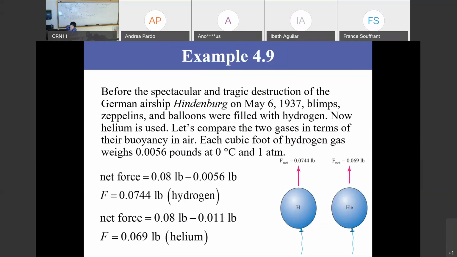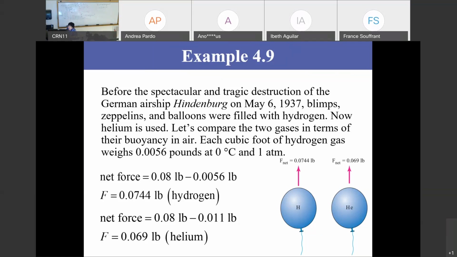Actually, look, that's a nice problem because that is with two balloons. So you have the weight of the balloon and the weight of the balloon with hydrogen.